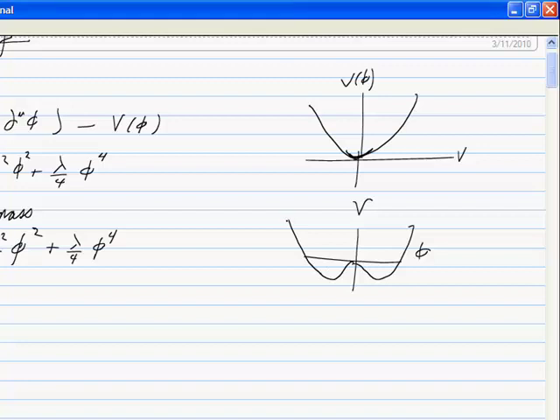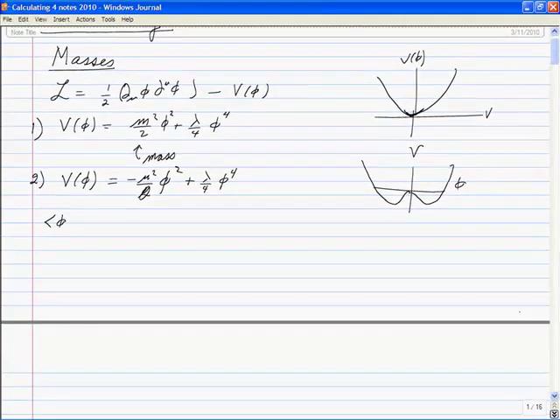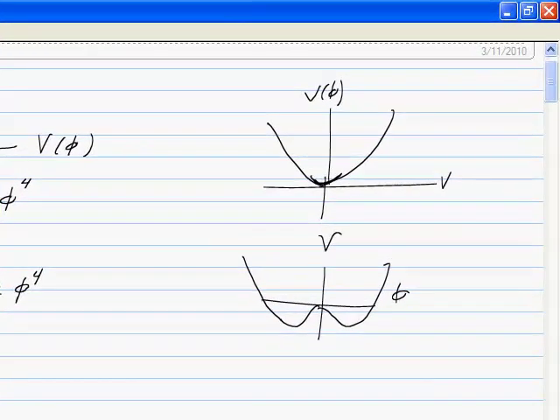And you all in your homework solved for the ground state. So this is the ground state. It occurred at what we've called v, which is the square root of mu squared over lambda. So all this is the familiar stuff.